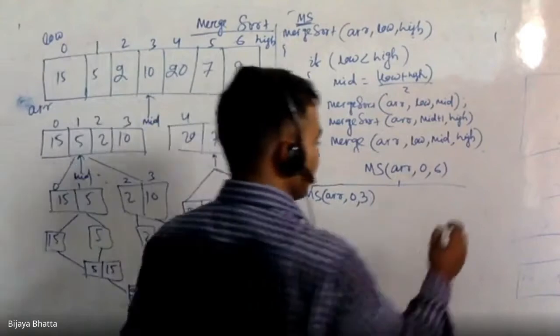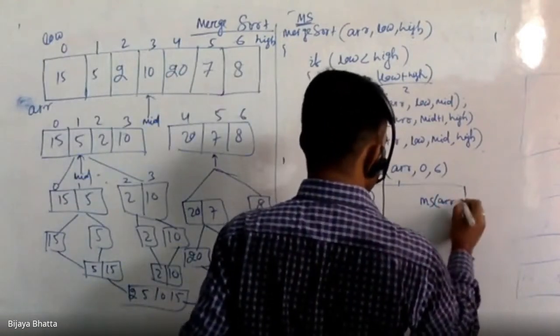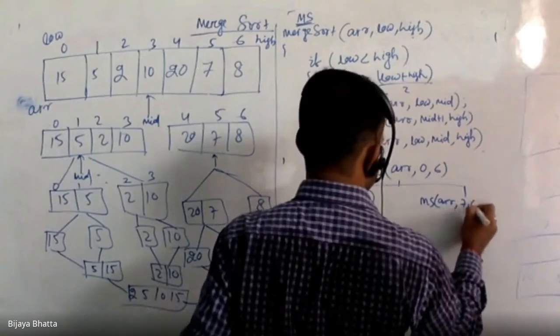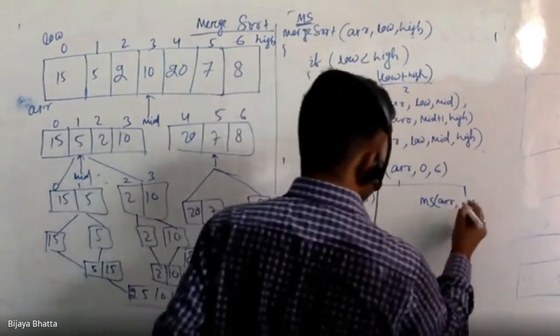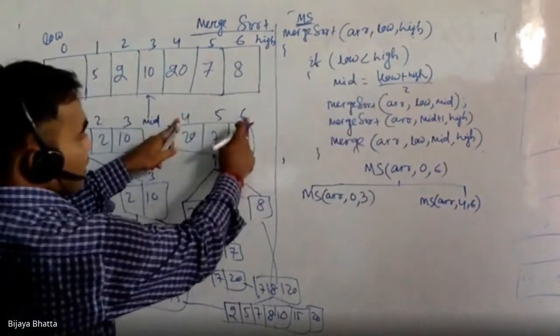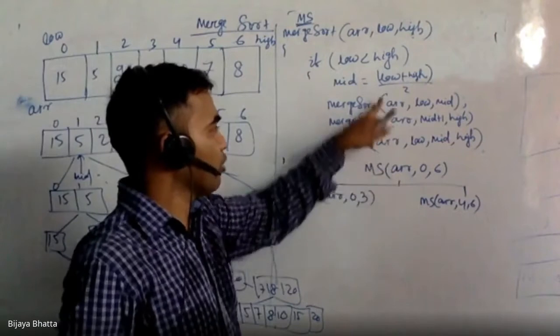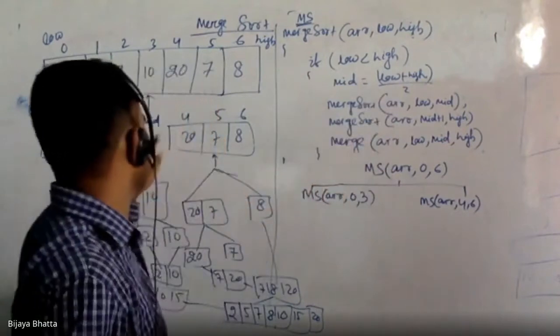The right part is going to be merge sort on the array from 4 to 6, right? That means 0 to 3 and 4 to 6. You can see that for 0 to 6, mid is found at 3.